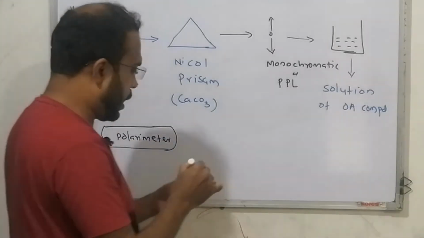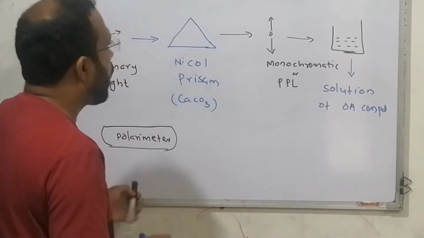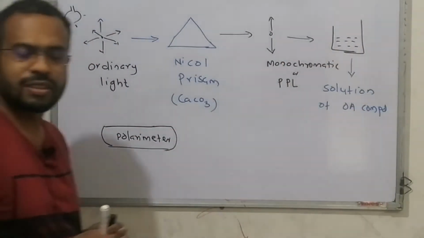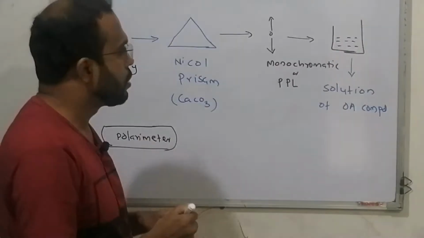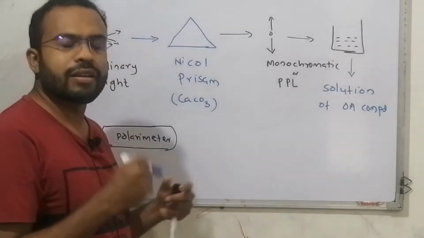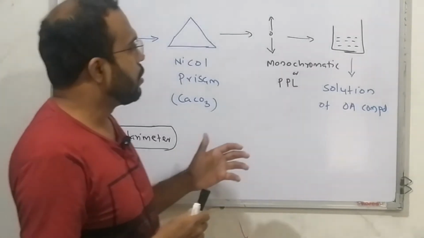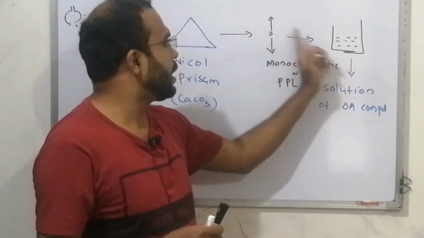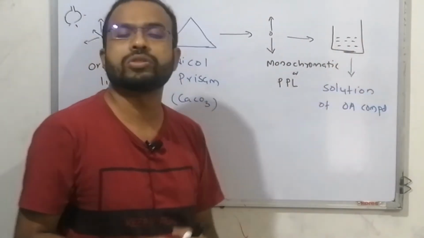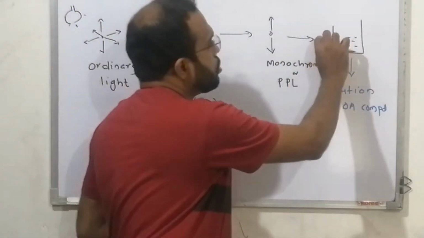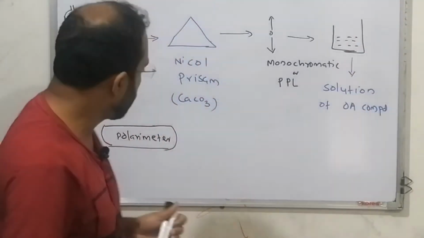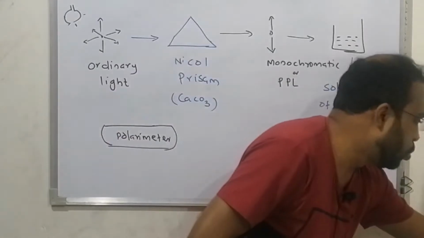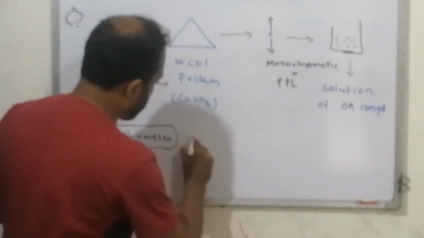You observe the light which comes out of this solution. The light entered here and it comes out, just passed through the solution. Then you observe. You have two options.